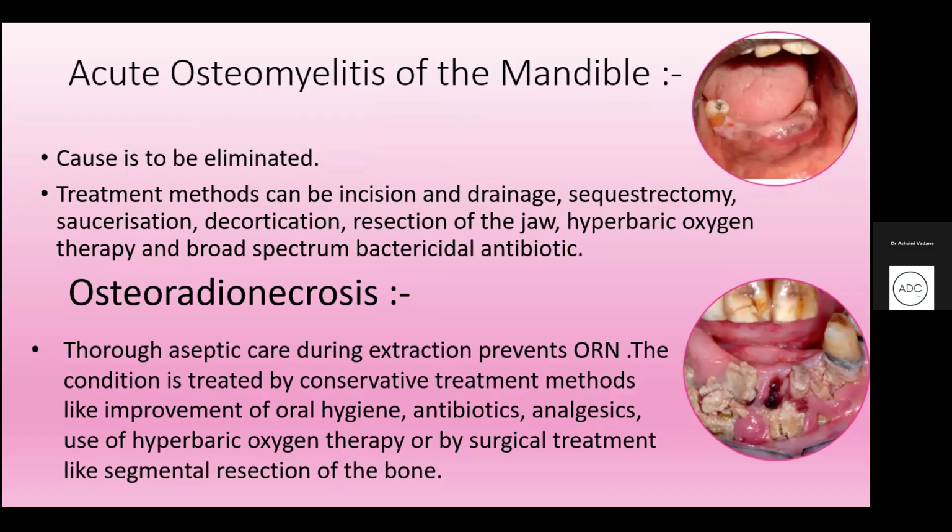And if it ends up in osteoradionecrosis, then there is a different treatment regimen, like antibiotics, analgesics, as well as hyperbaric oxygen therapy, which is obviously advised by experts only. And surgical treatment is sometimes required, like segmental resection of the bone.